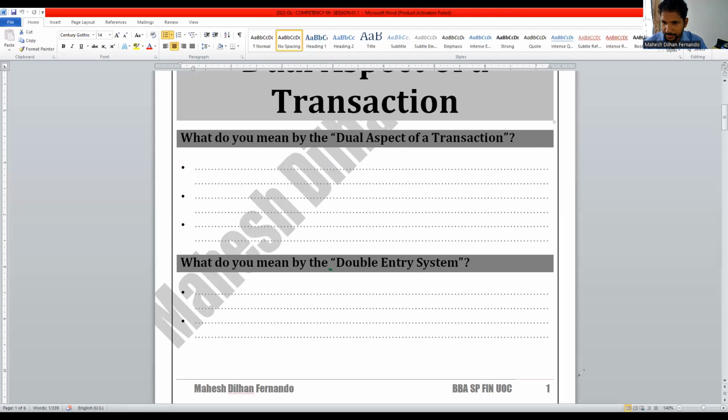Now look at this. Double entry system, you have to write it here this way.